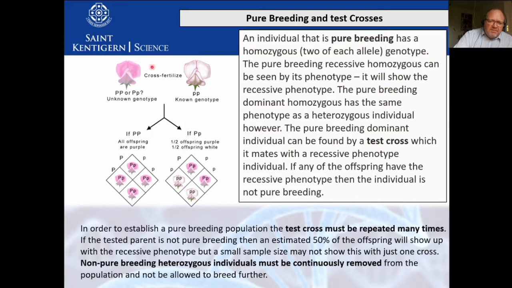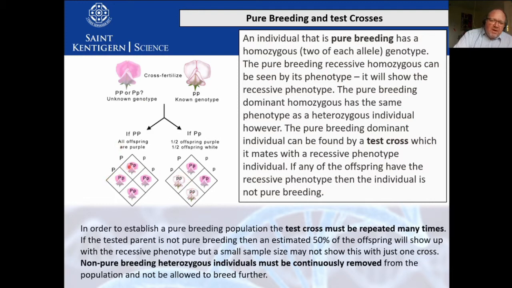So if you cross these guys multiple times, you might end up seeing a white flower come through. And the moment you see that recessive trait, you know that this one is not a purebred. But if it continues to be just purple all the time, even after several breedings, then you know that this is most likely a homozygous dominant purebred organism.